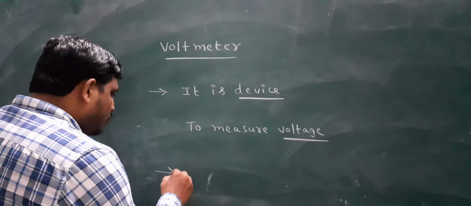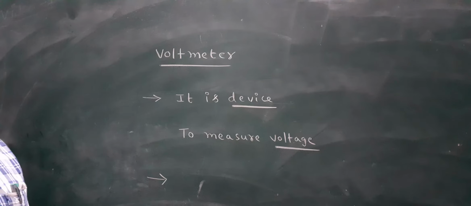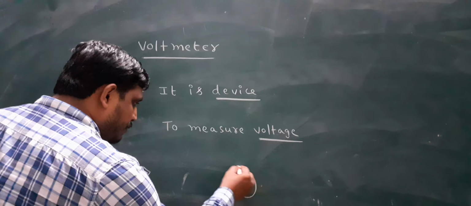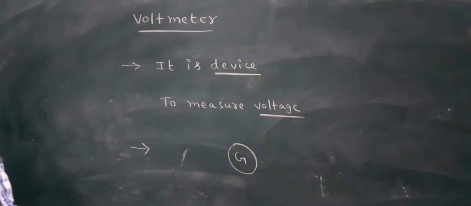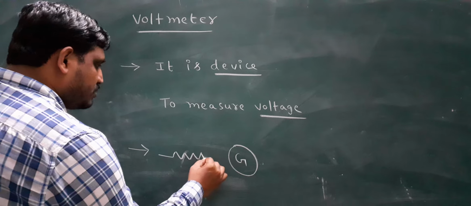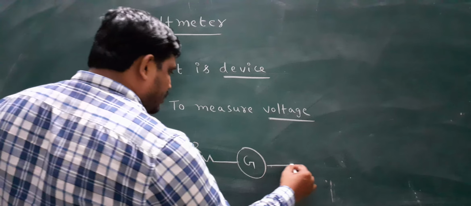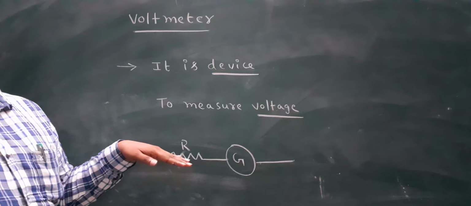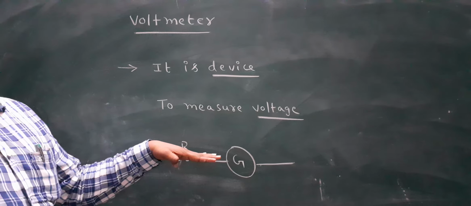Next I discuss construction. Here this is the galvanometer. Galvanometer resistance is G. Here this is the high resistance. High resistance is connected in series to the galvanometer.